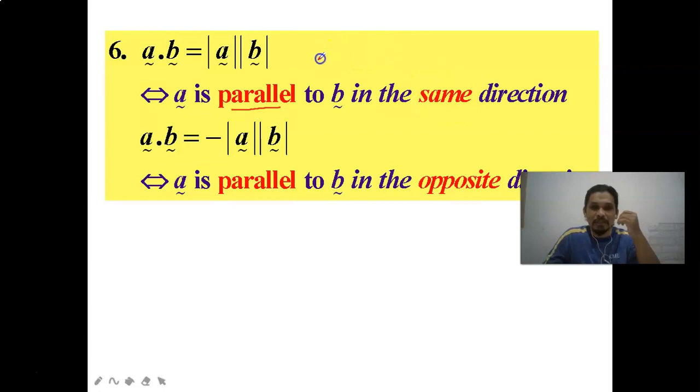This is a vector A and this is a vector B. Parallel means that at any point these two vectors won't meet, from the beginning until the end. It won't intersect or meet between vectors A and B.